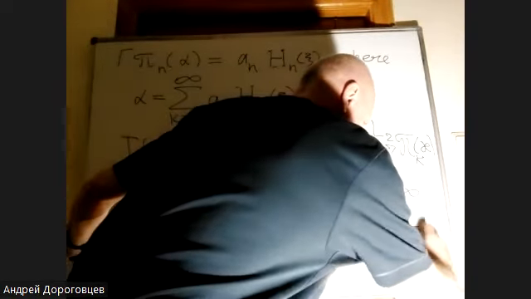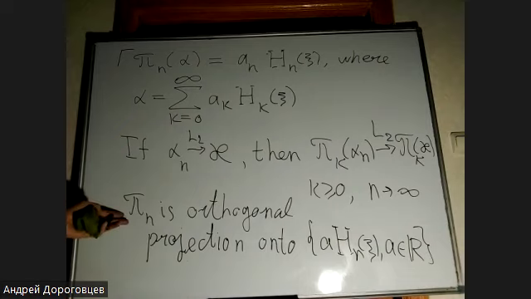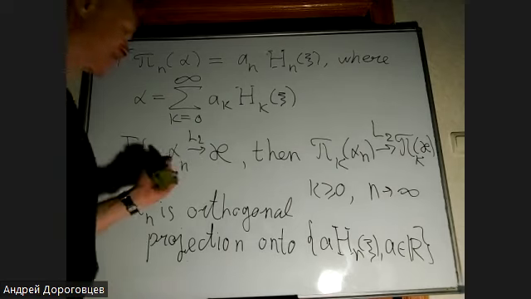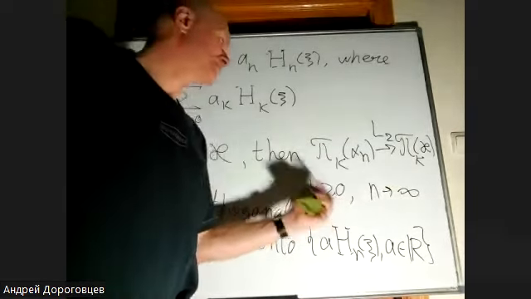This is a one-dimensional subspace of our L2. Then, due to this property, P_n, of course, is a continuous operator. So if this convergence holds, then this convergence must hold.